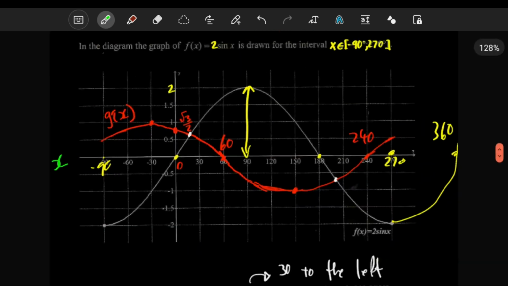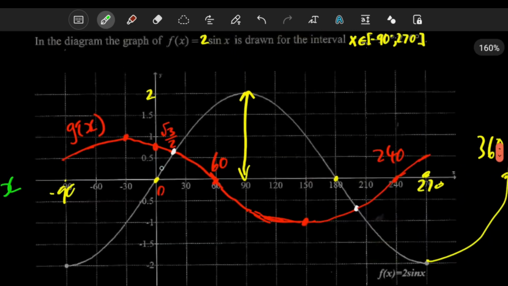Here you see this does not qualify, because this has positive y values and this has positive y values as well. Only until here do we have this down here while this one is up there. You see this part here: this has positive y values, this has negative y values.